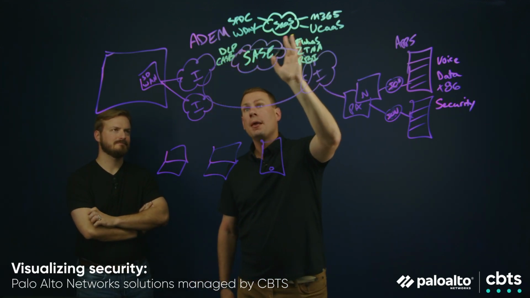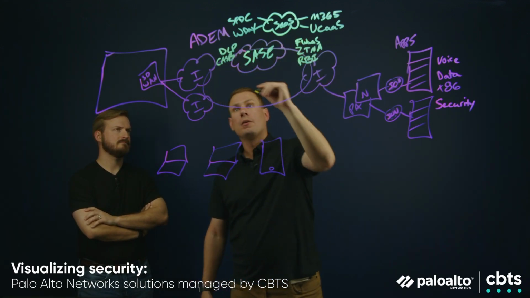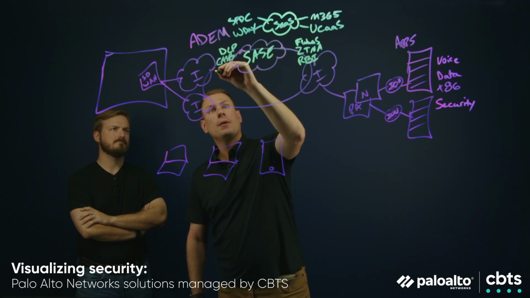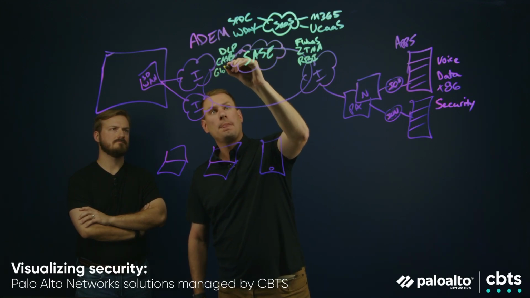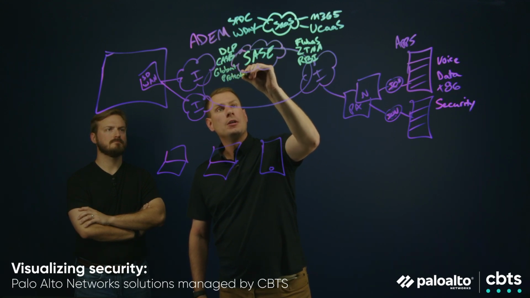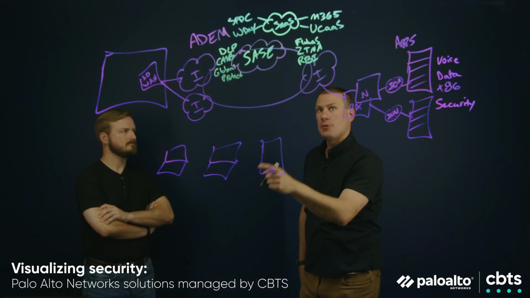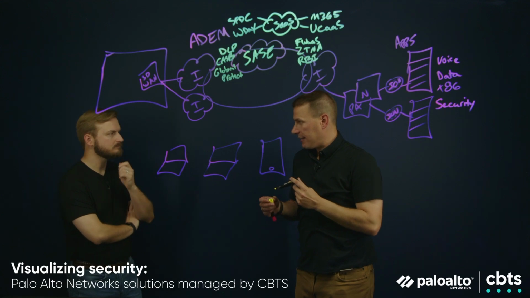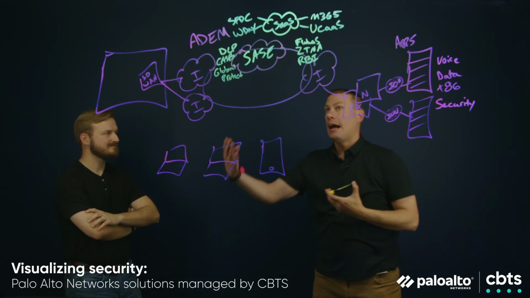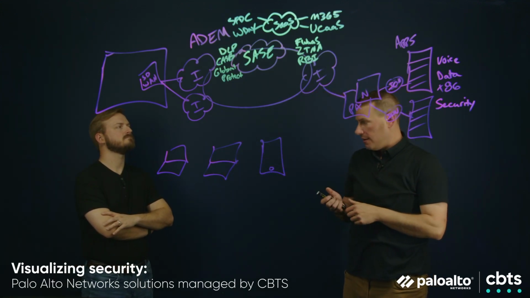All through one platform. But also, not just ZTNA, what about our GlobalProtect? Just because I'm working from home, and just because a lot of my applications have moved to SASE or to SaaS, doesn't mean everything has. I still might need routing.